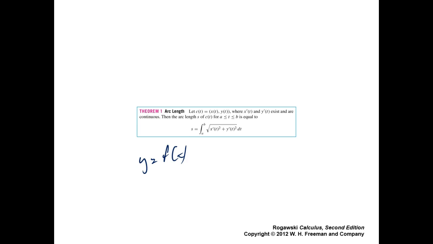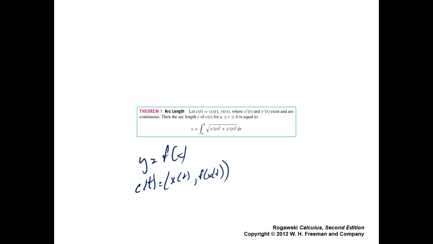So your c of t would be x of t, comma, f of x of t. So even a regular old function like that, you can use this formula for, parameterized that way. And that works just as well.